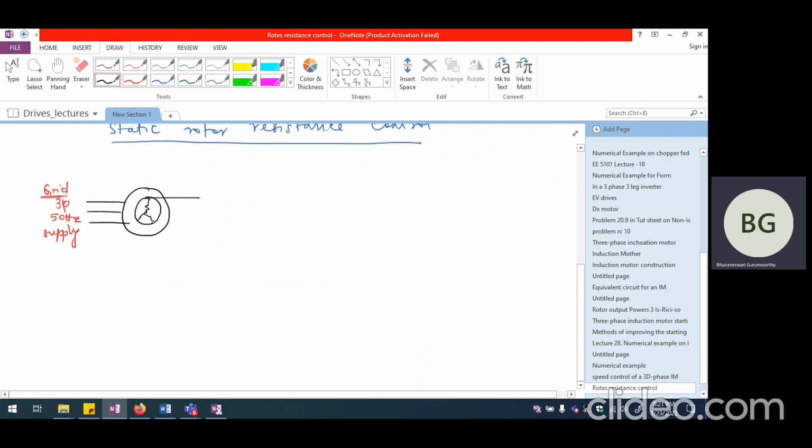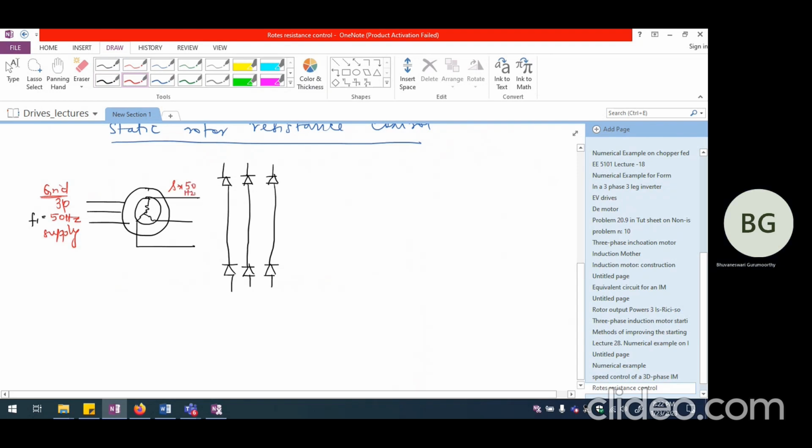Now, this three-phase winding will be connected to a diode rectifier. The AC coming out of the rotor is going to be variable frequency AC, at a frequency of S times F1. If F1 is 50 Hertz, the frequency available at the rotor circuit is S times 50 Hertz.